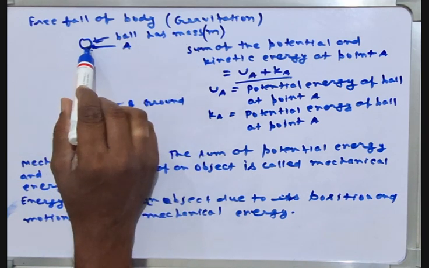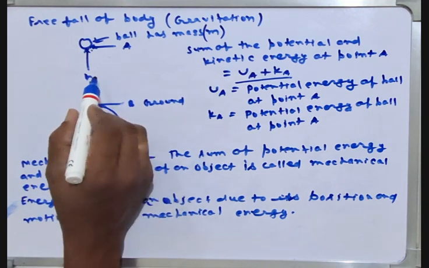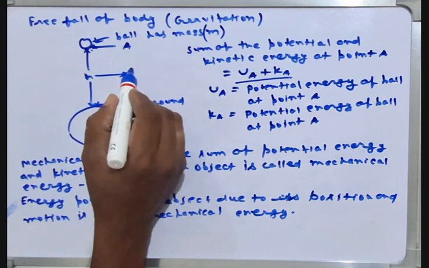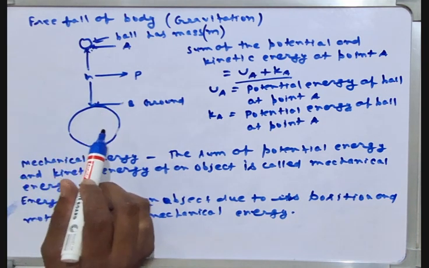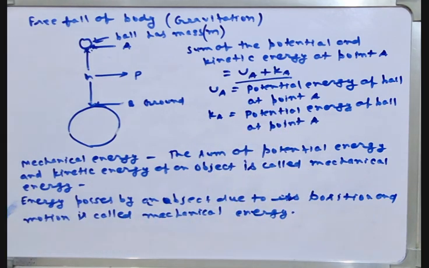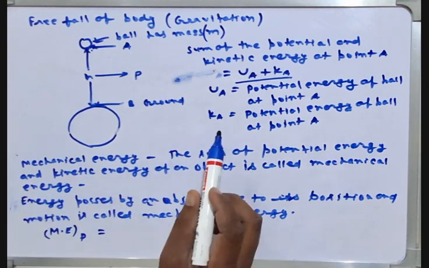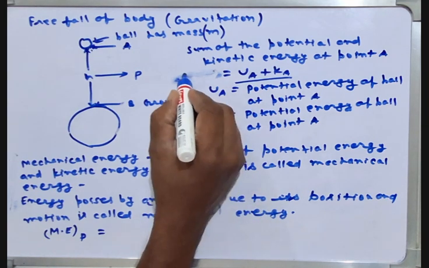whose mass is m, from here to the ground surface, the mechanical energy must be constant. Okay, see, if we consider a point P here, then we write UA plus KA as the mechanical energy at point A, as per the definition that the sum of potential energy plus kinetic energy is equal to mechanical energy.